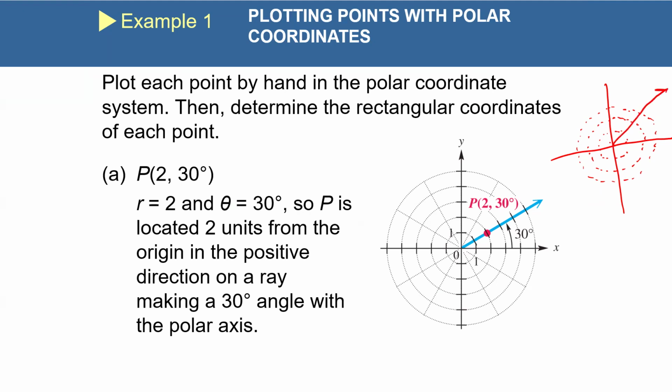I'm at a radius of 2, sorry, and at 30 degrees. I'll mark this as my 30 degrees. Does that make sense? So this would be 1 there, like that would be where the 2 is if it was the 1. So if this was 1, I would be right here.